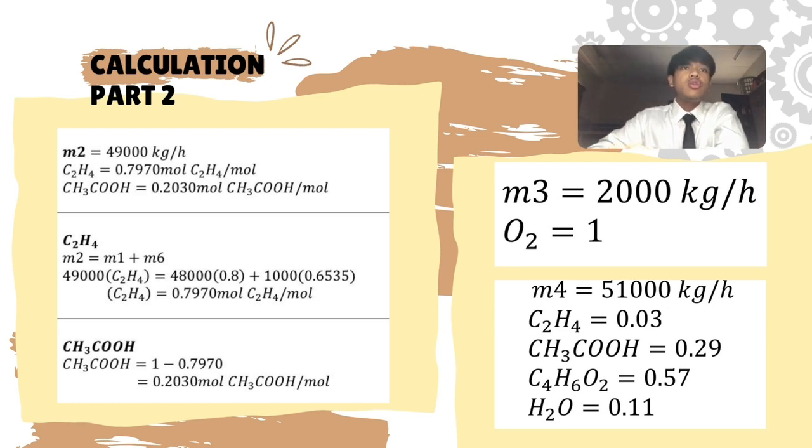For the other components, vinyl acetate, we get 0.57. For water, we get 0.11. For acetic acid, we get 0.29, and for ethylene, we get 0.03.